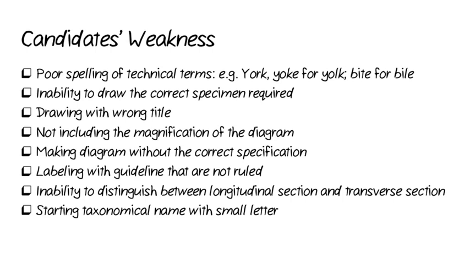Both Y-O-R-K and Y-O-K-E are wrong spellings for Y-O-L-K, and Y-O-L-K, yolk, is a part of an egg. There's a need to understand the differences between these words.